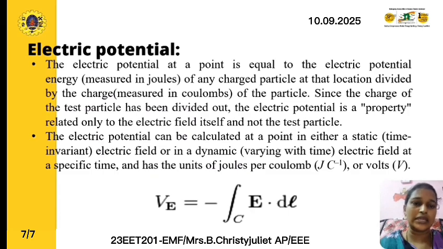The negative sign represents that this potential is always against the electric field. Electric potential is the amount of work done by a unit positive charge moving from one point to another. It is a property related to the electric field itself, and it is not a test particle.